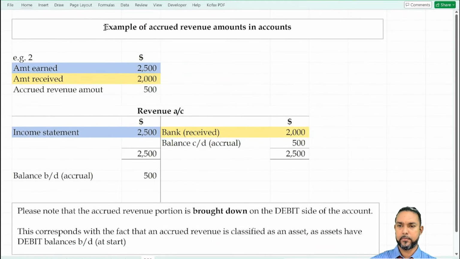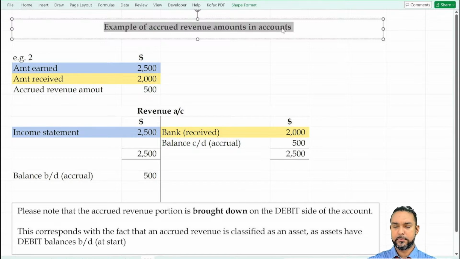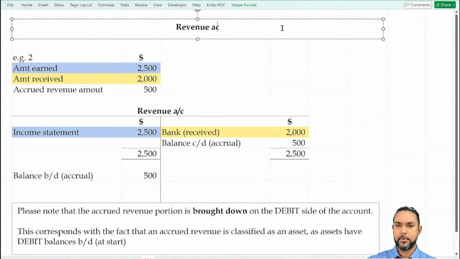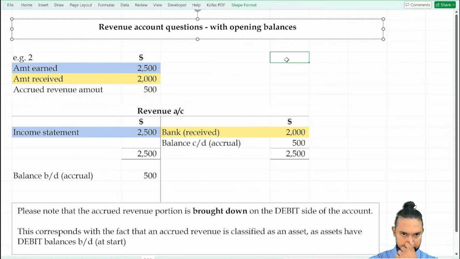All right, so revenue account questions with opening balances.